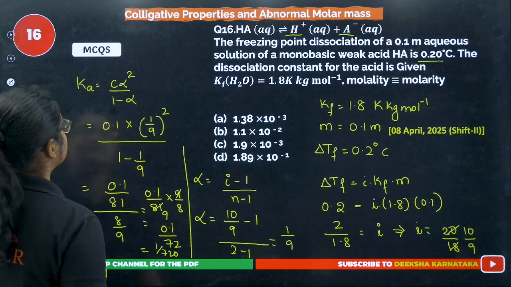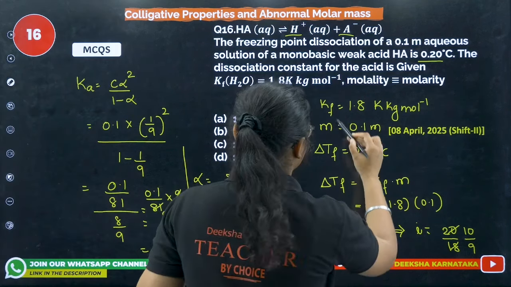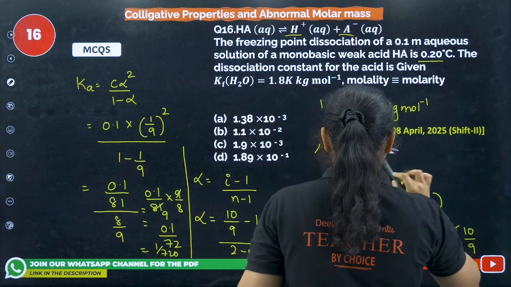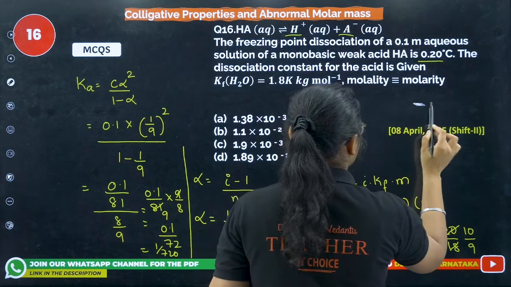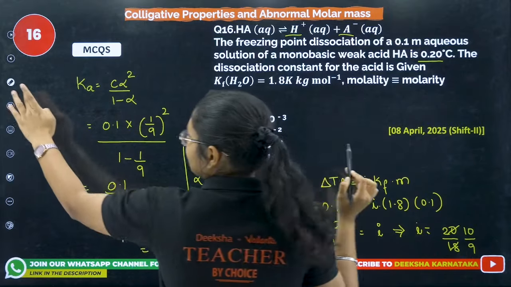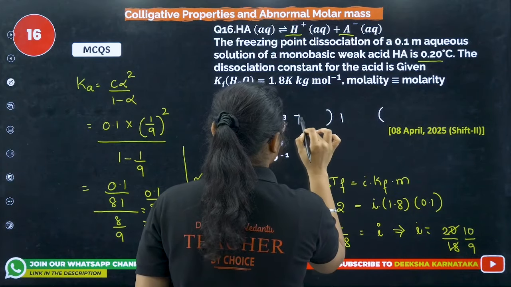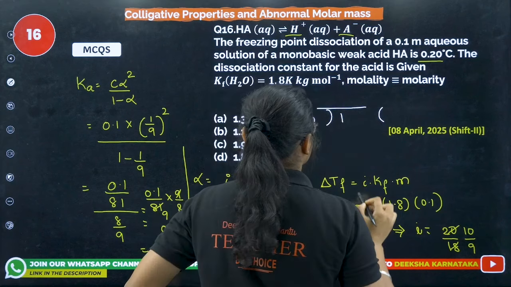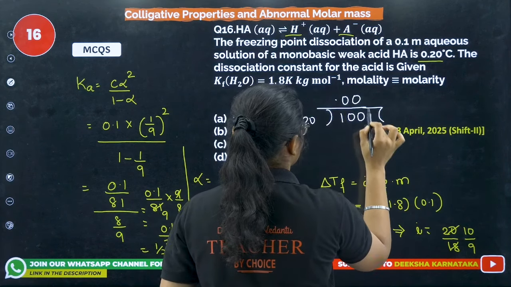Okay, so now let's divide this one, 1 by 720. I have 0, 0, 0, 0, 0.